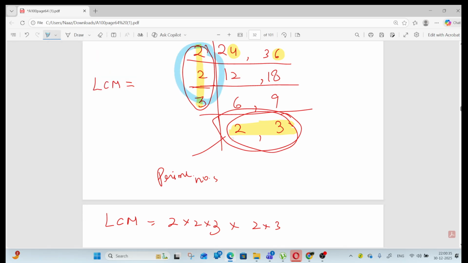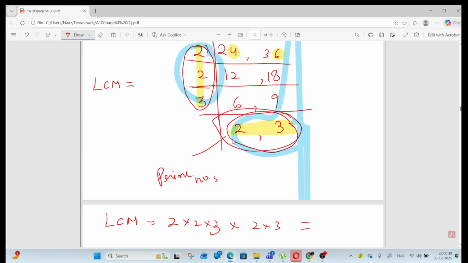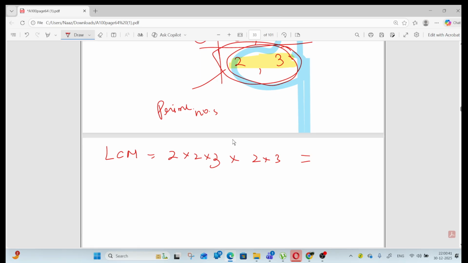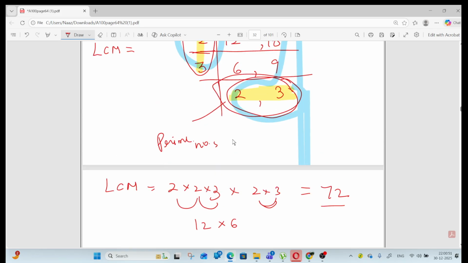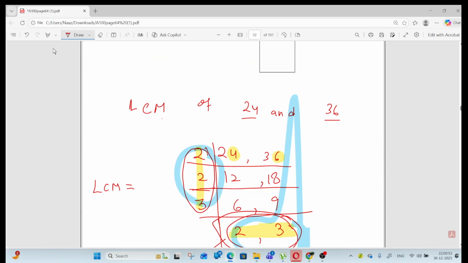This times this gives me the LCM. If you multiply, 2 times 2 is 4, 4 times 3 is 12, and 3 times 2 is 6. So 12 times 6 is 72. So the LCM of 24 and 36 is 72. Clear?